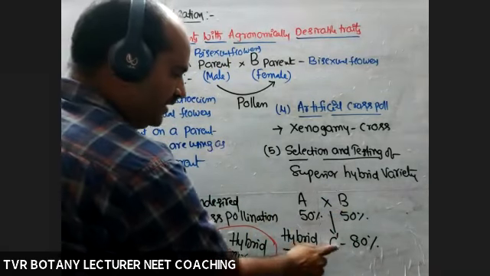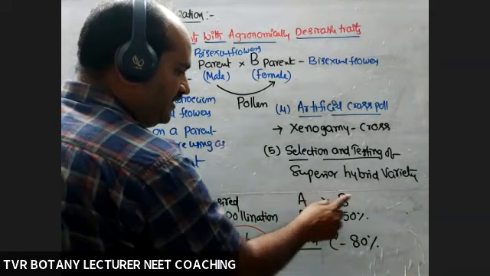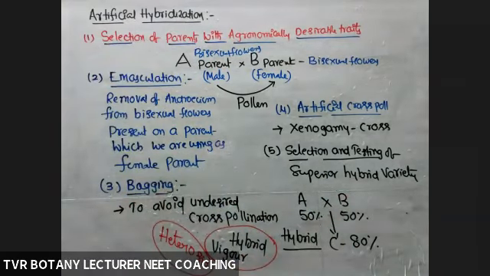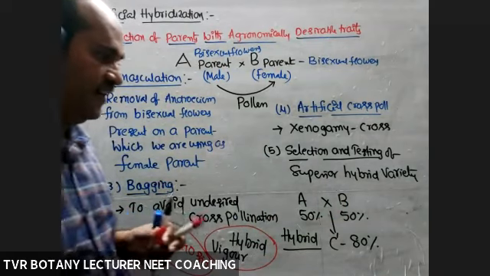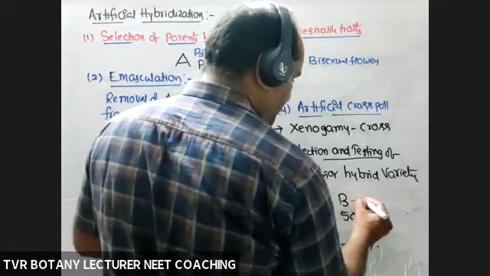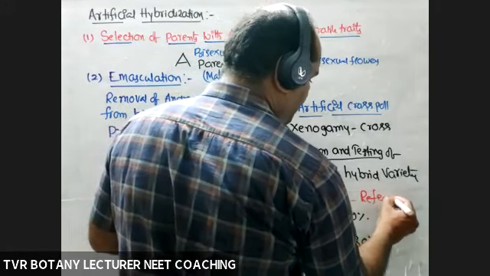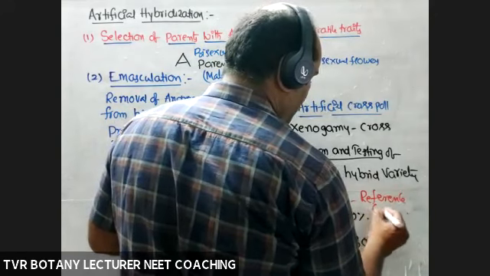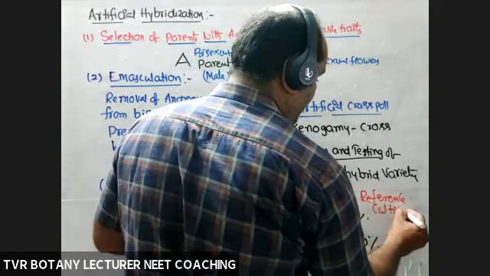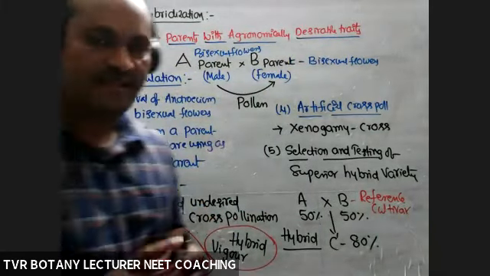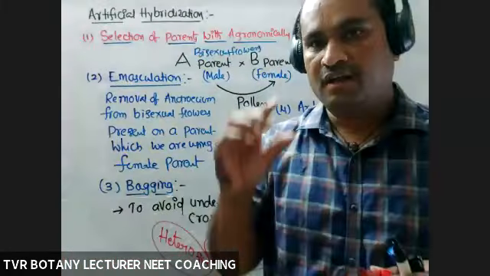We have to compare C with A and B. So now A and B are reference cultivars, check cultivars.